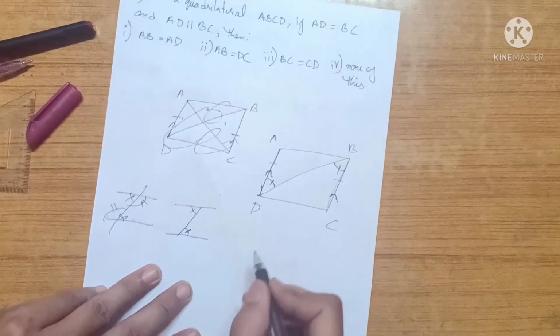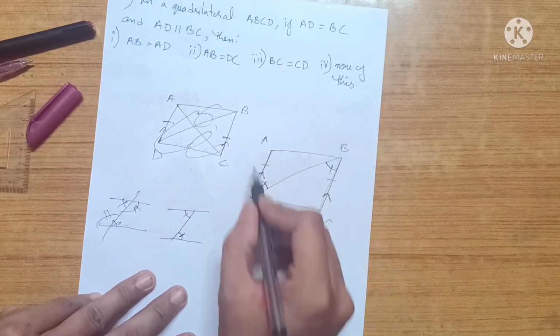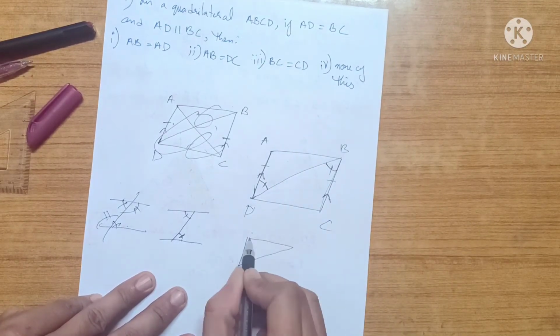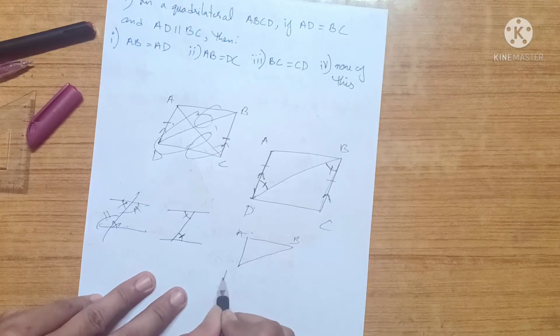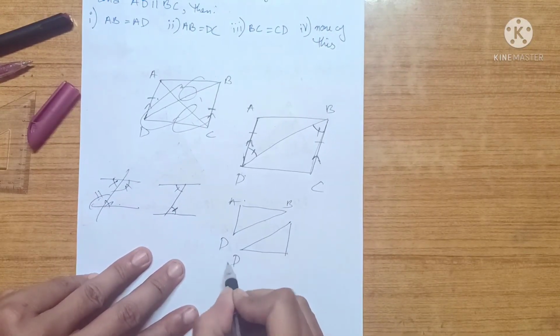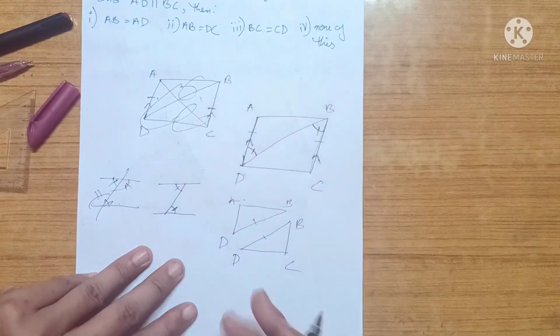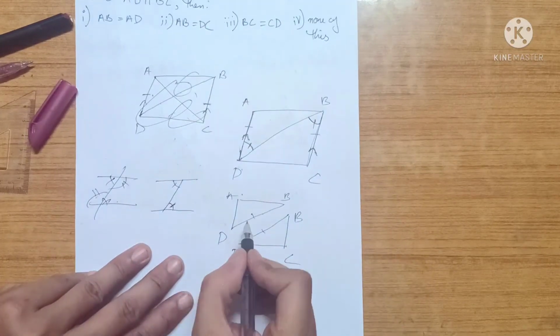So we already have the triangles. If I take this triangle ABD, and if I take this triangle DBC, BD is the same thing, they're sharing the same side, so it will be equal.